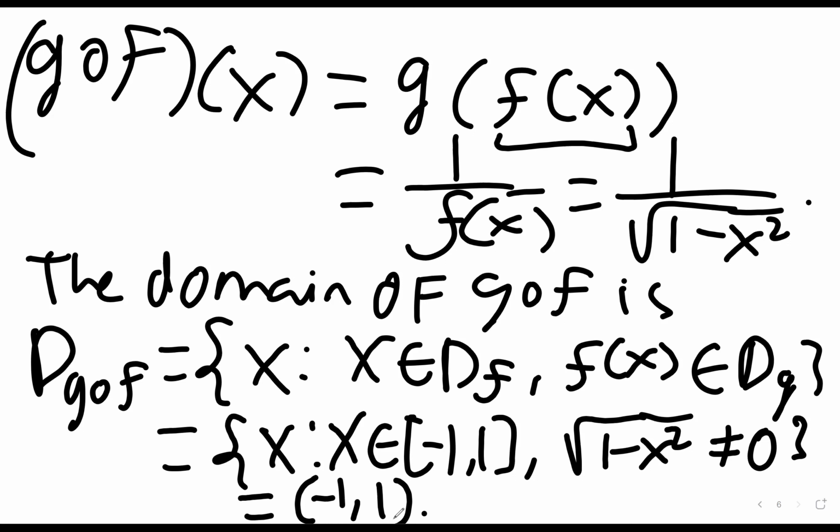For finding the range, you have to take a look at the graph of this one. So you'll see that square root of 1 minus x squared is greater than 0. Okay, so to find the range of G composite F, you have to note that 0 is okay.